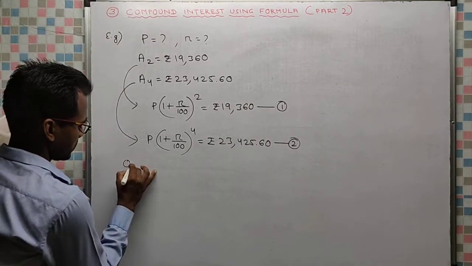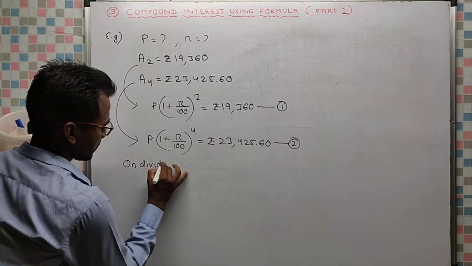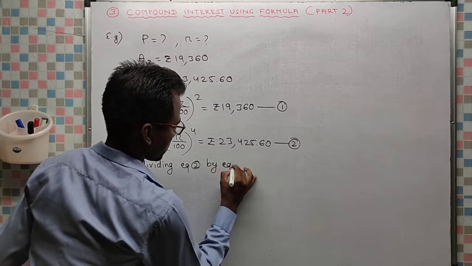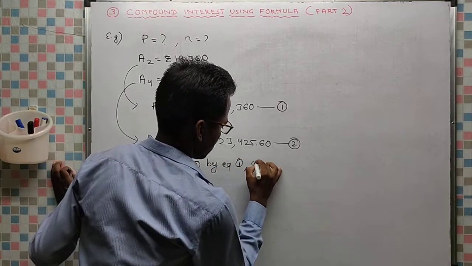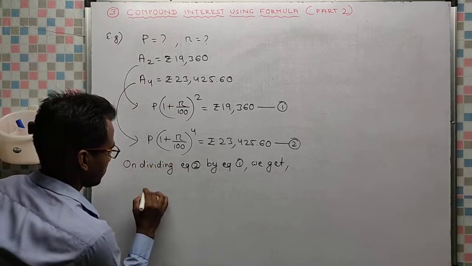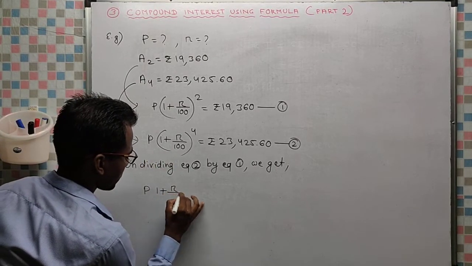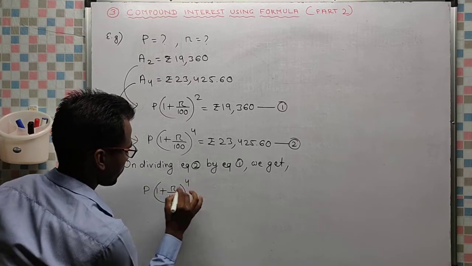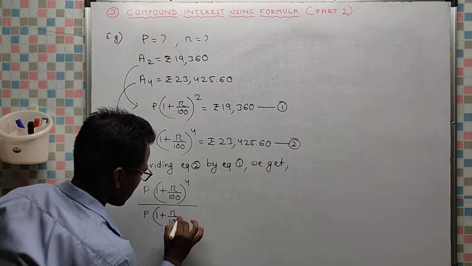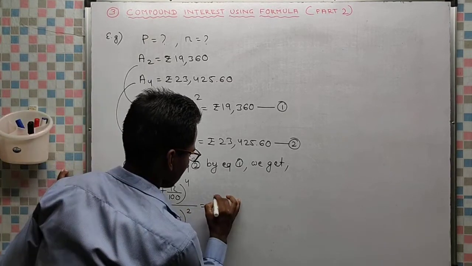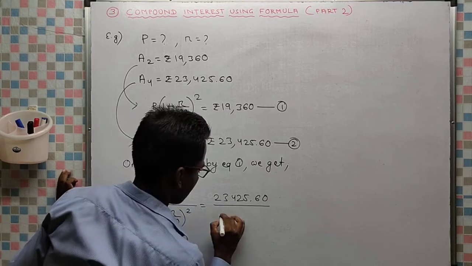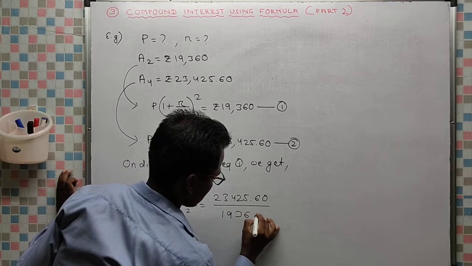On dividing equation 2 by equation 1, we get P whole into 1 plus R by 100 power 4 by P whole into 1 plus R by 100 power 2 is 23,425.60 by 19,360.